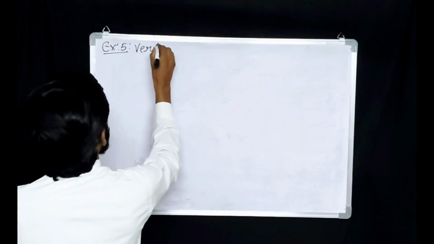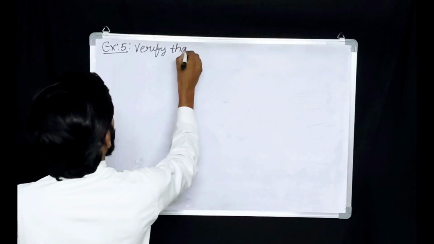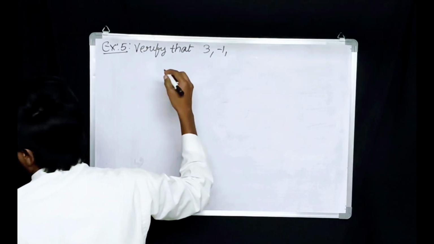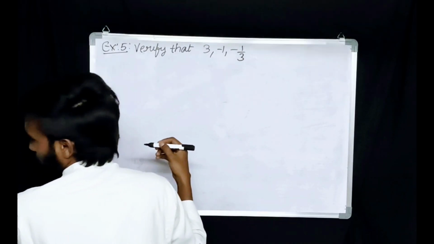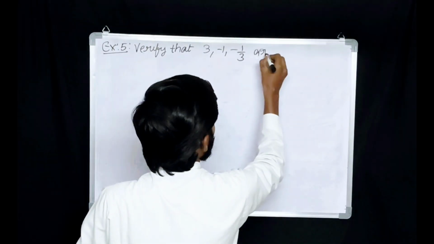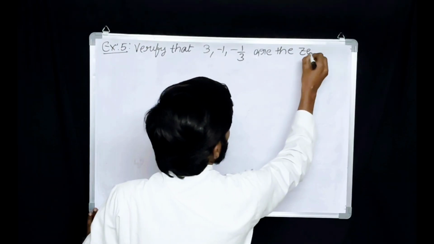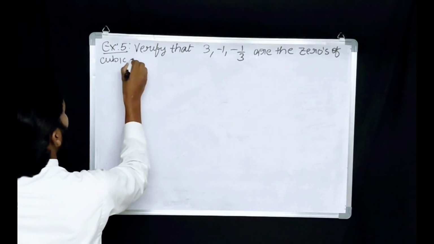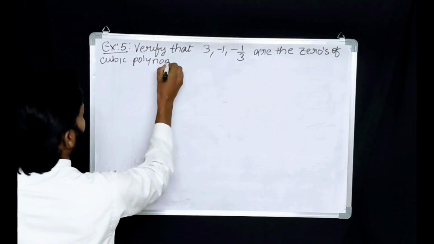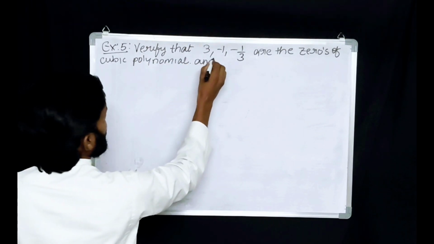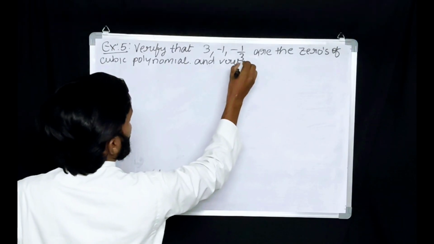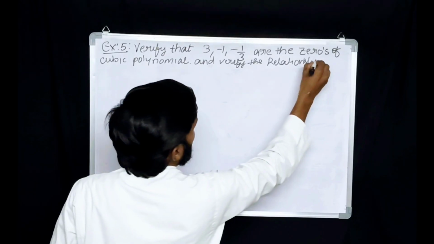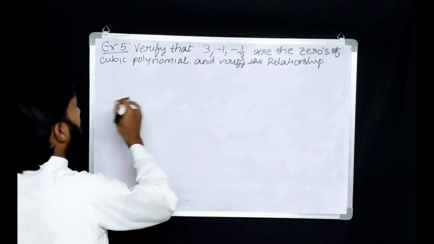Verify that 3, minus 1, minus 1 by 3 are the zeros of the cubic polynomial, and verify the relationship between zeros and the coefficients of this polynomial.